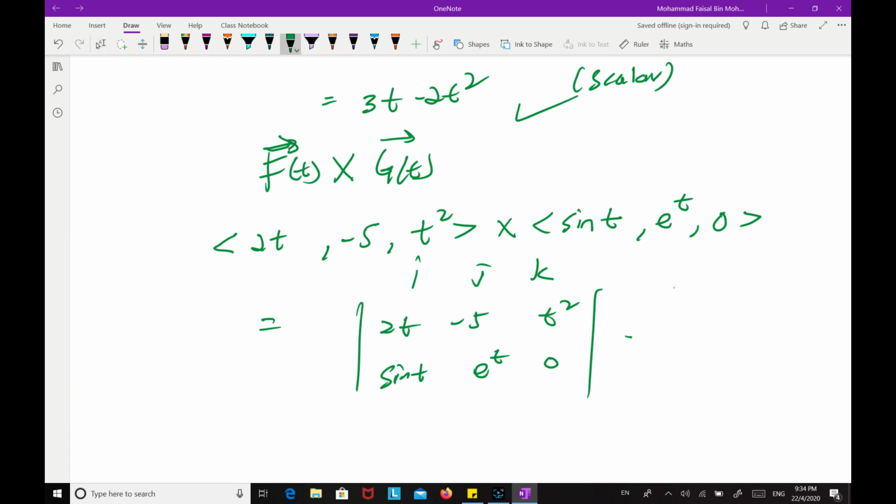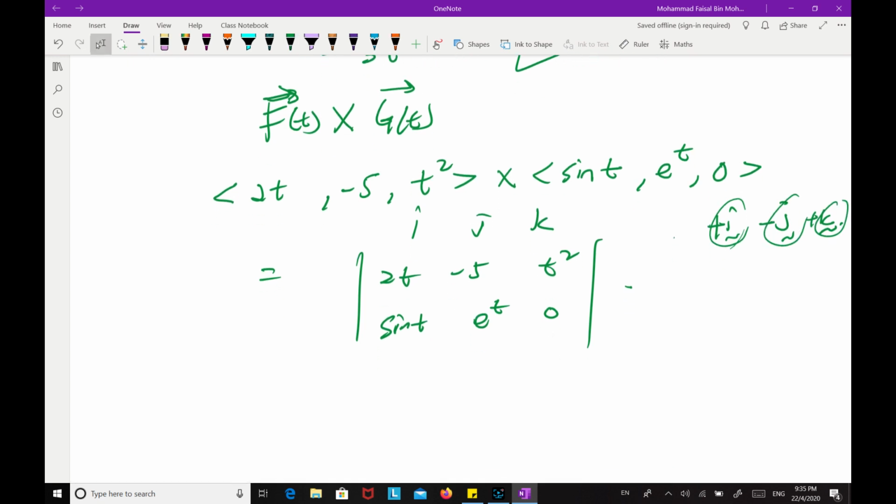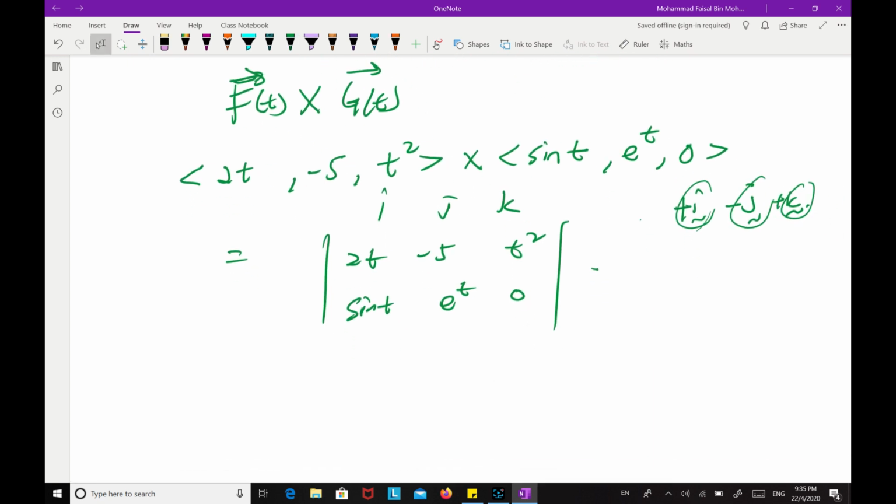Remember, this is plus i, minus j, plus k. So when you do the determinant, for i, you close the first one.